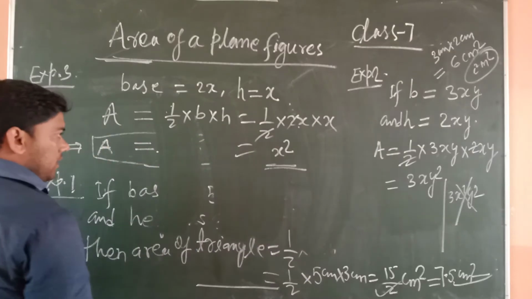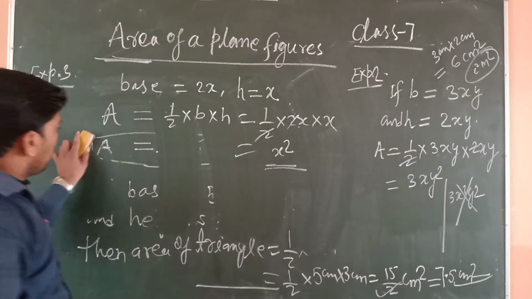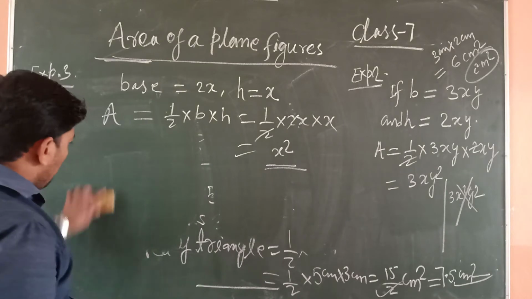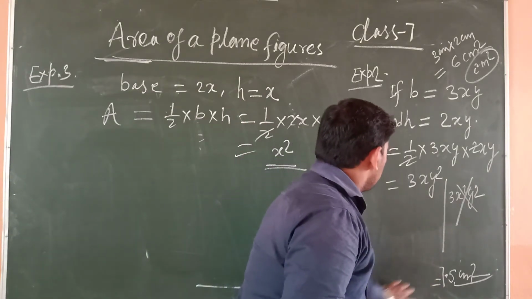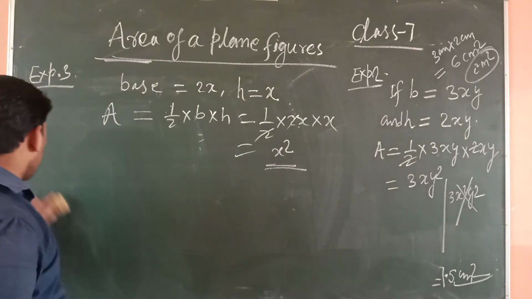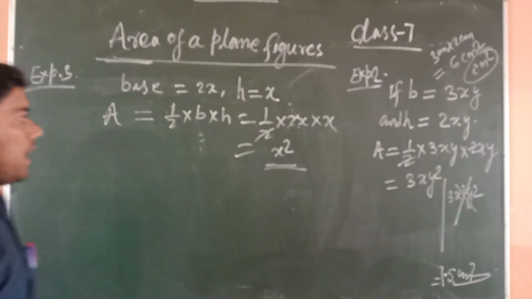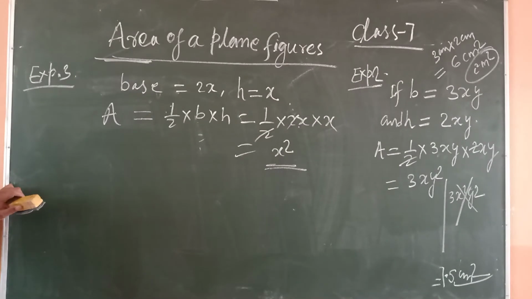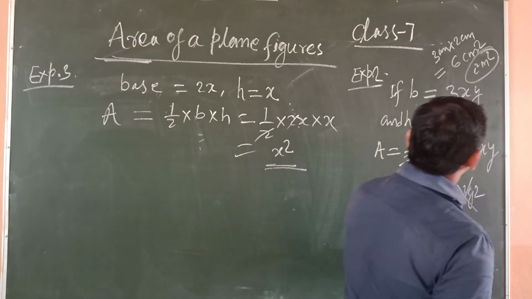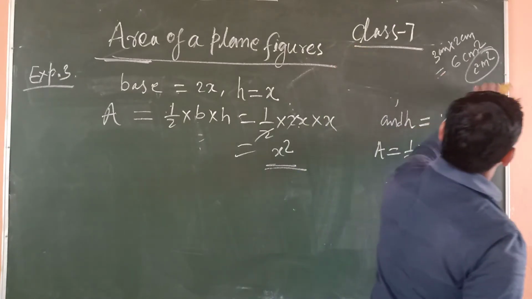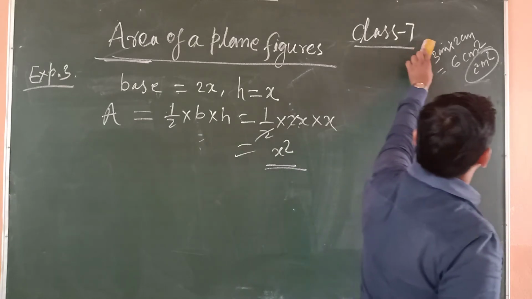There are also no units here. So I hope all of you have understood how to find the area of a triangle if base and altitude are given, in unit form and without units, as in xy.